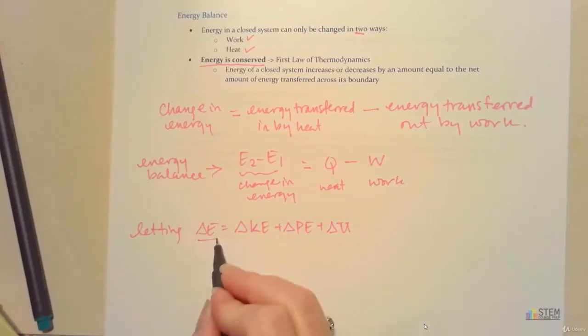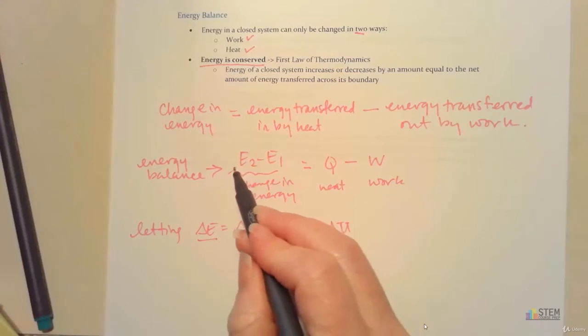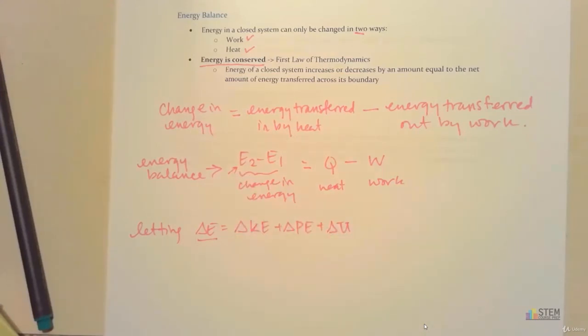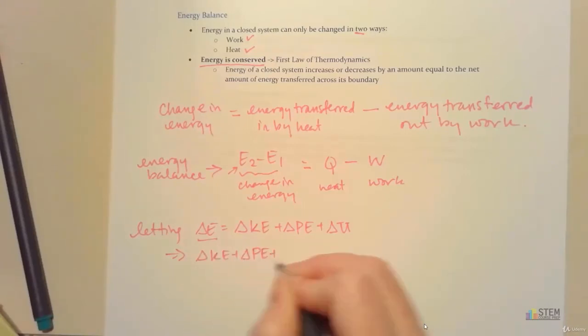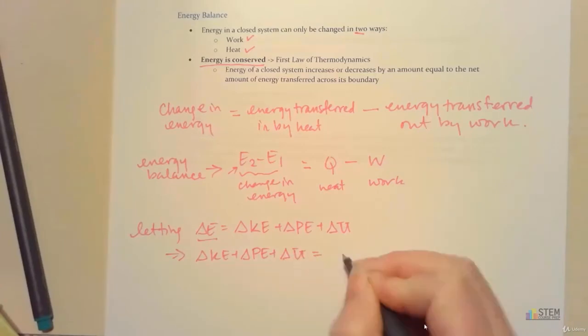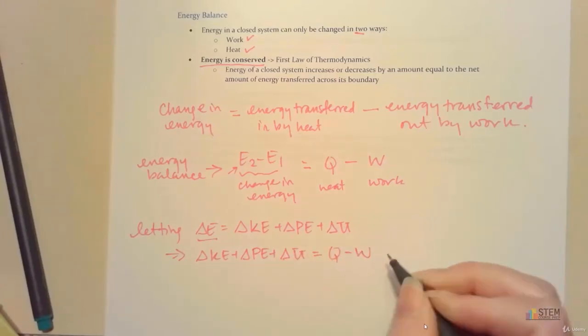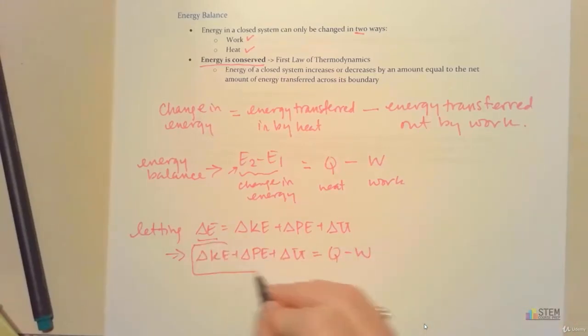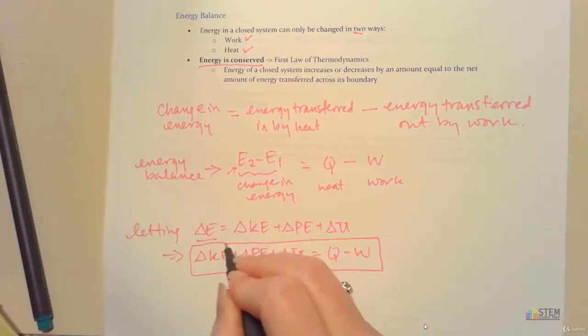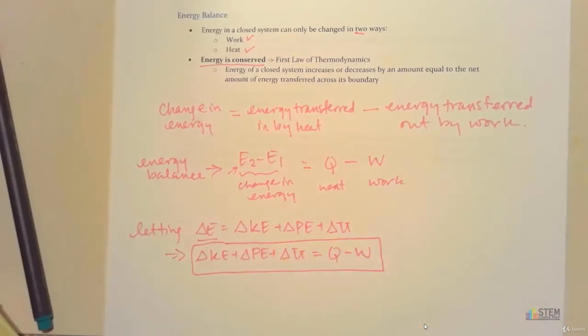Now this delta E has to be the same as this delta E, right? They can't be different because we're talking about the same system here. That means we can combine these two equations to get delta KE plus delta PE plus delta U equals Q minus W. And this gives us what's called our energy balance equation.